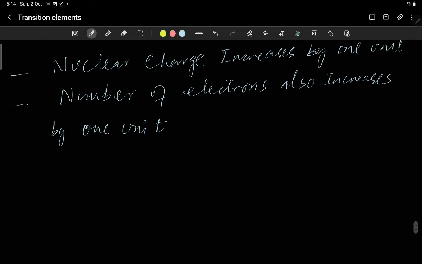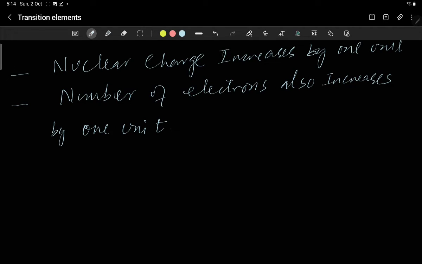However, the additional electrons enter the inner 3d orbitals and help to shield the 4s electron from the nuclear charge. Therefore, effective nuclear charge remains practically constant across the period. Hence, atomic and ionic radii as well as first ionization energy of the transition elements also remain practically constant. So this is the reason behind this.